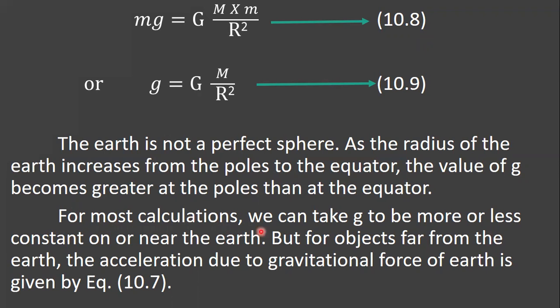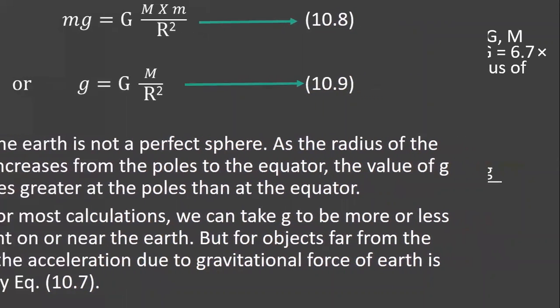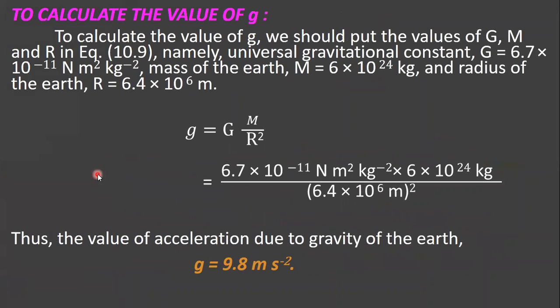And for most calculations we can take g to be more or less constant on or near the earth, but for the objects far from the earth, the acceleration due to the gravitational force of earth is given by equation 10.7 children, that is g equals GM by d square.